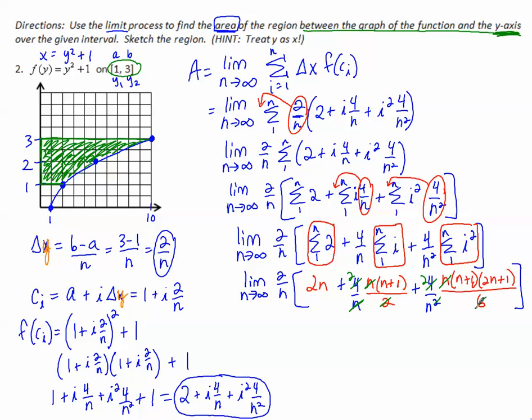At this point, we can distribute the 2 over n into all parts here. So 2 over n, 2 over n, 2 over n, putting it into all those parts. Let me make myself a little bit more room. And 2 over n times 2n, the n's factor out and we're left with 4, plus 2 times 2 is 4 times n plus 1.